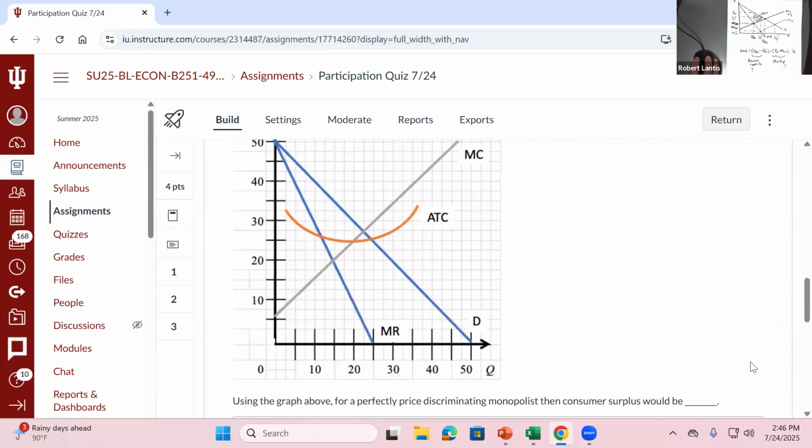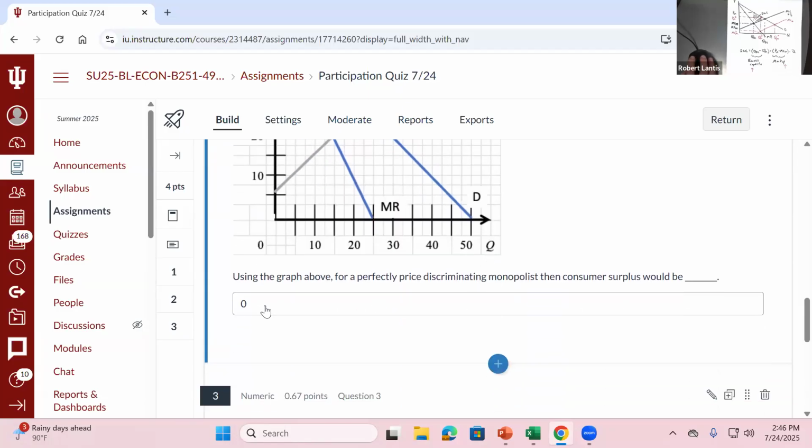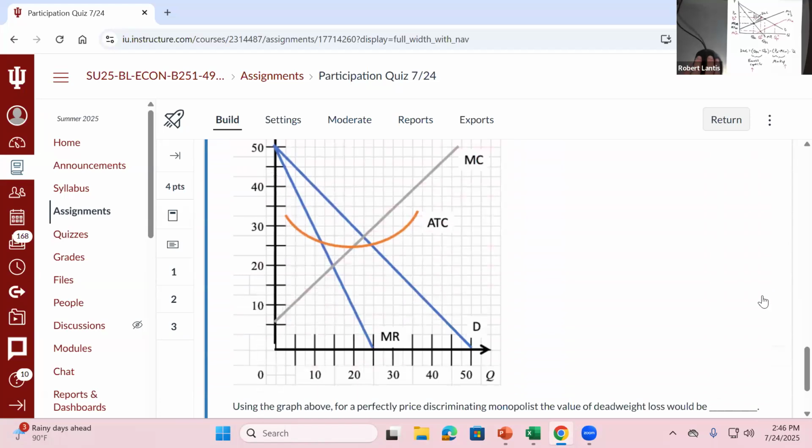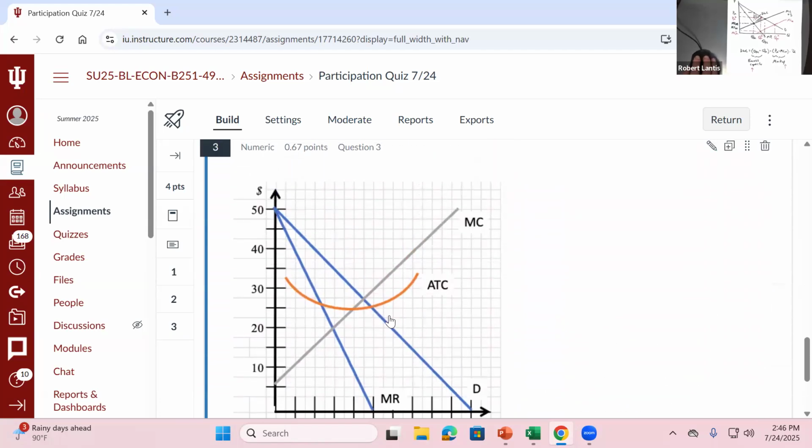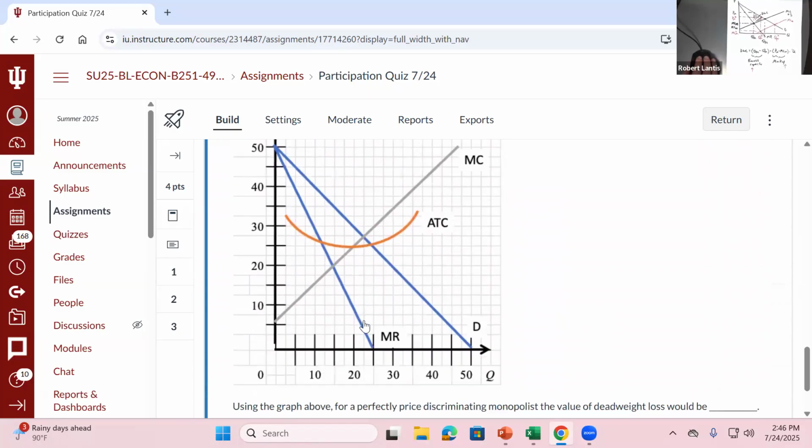And then if I wanted to calculate consumer surplus, we said if I can perfectly price discriminate, at every quantity, the price I'm charging my consumers is exactly equal to their marginal benefit. So consumer surplus there should just be 0. Right? And then, if I wanted to calculate deadweight loss, the point where the perfectly price discriminating monopolist will go to is that quantity of 22.5.